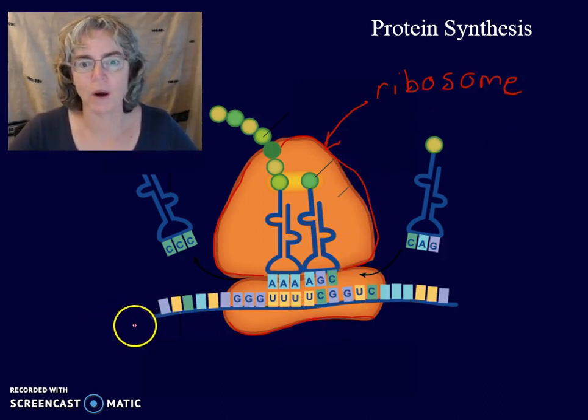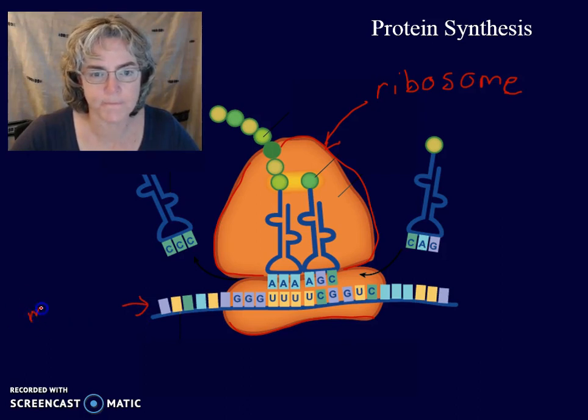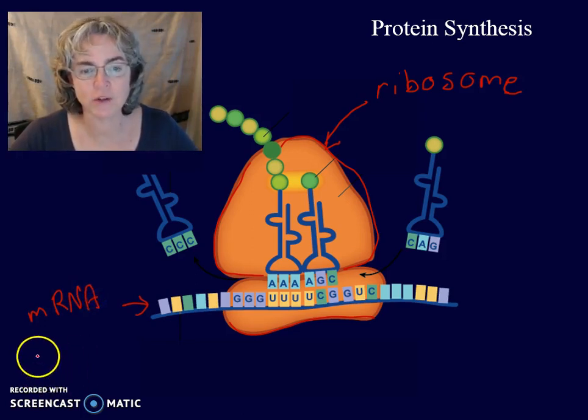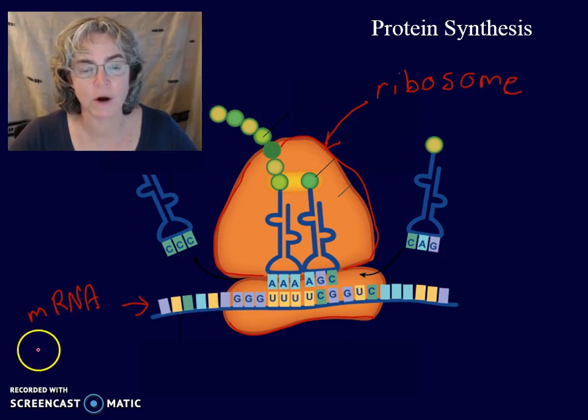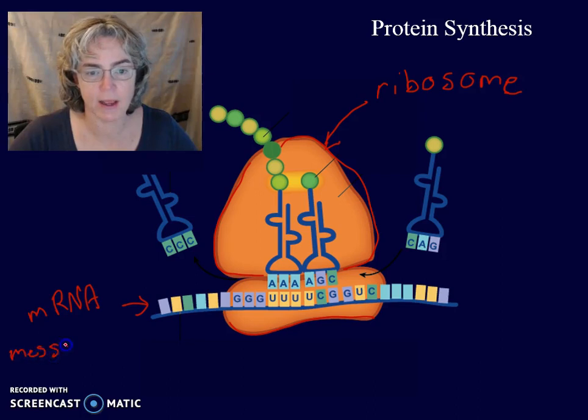Our mRNA molecule. M stands for messenger RNA. In transcription, there are many different types of RNA molecules that are made. We're going to look at three of them. One is the messenger RNA.